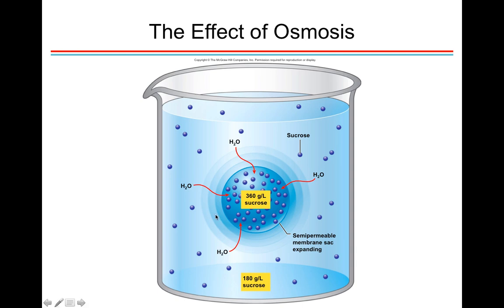After osmosis has completed, there's going to be an equilibrium where there's going to be 270 grams per liter sucrose inside the balloon and 270 grams per liter sucrose in the beaker. That will be two isotonic solutions, because the concentration of solute is going to be the same between the two solutions, the solution inside the balloon and the solution inside the beaker.